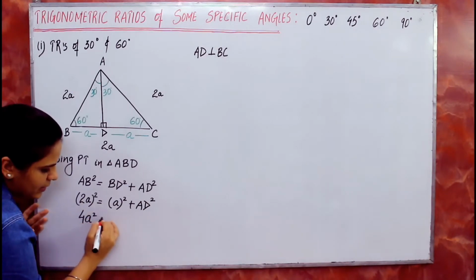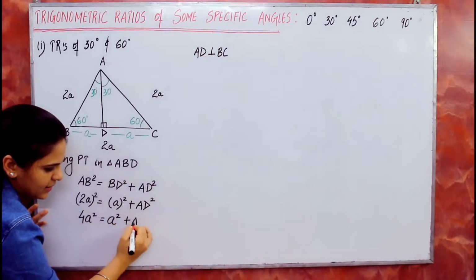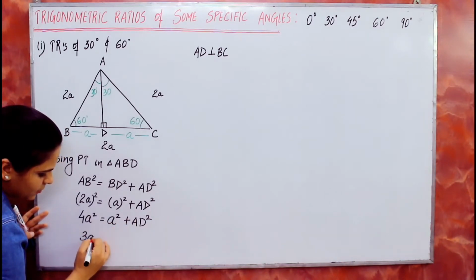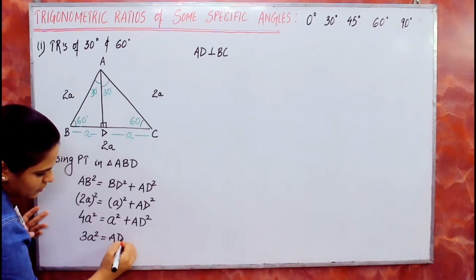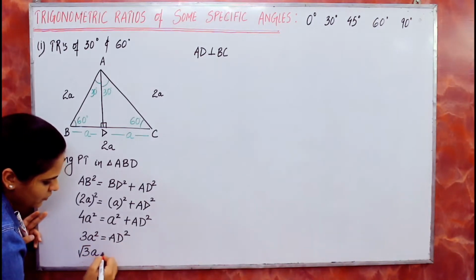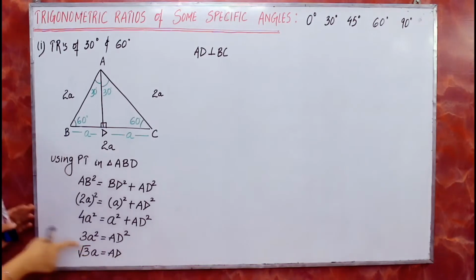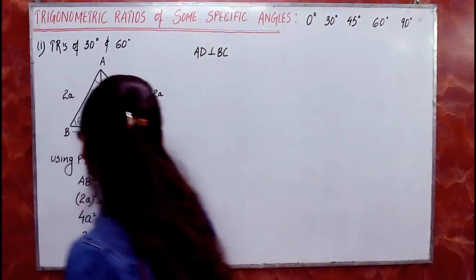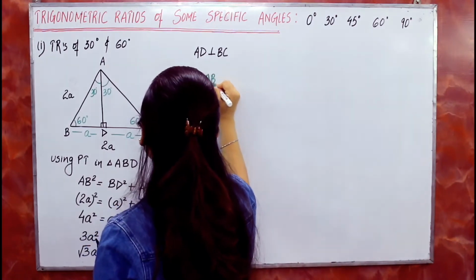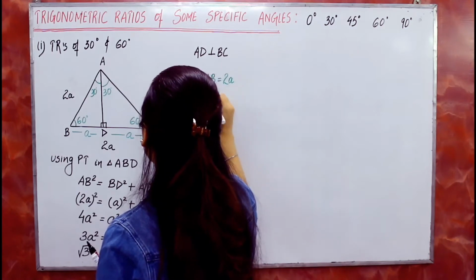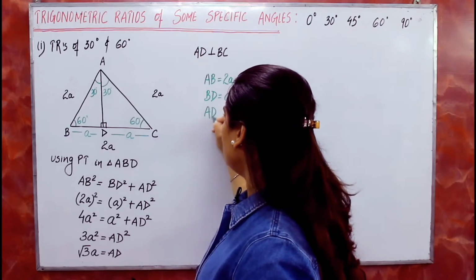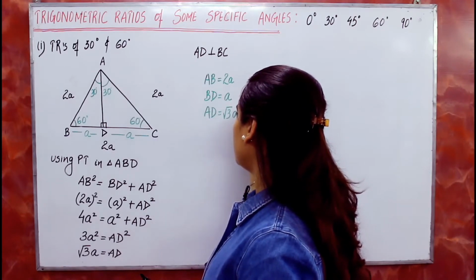So 4a squared equals a squared plus AD squared. When you shift a squared to this side, this becomes 3a squared equals AD squared. By taking the square root on both sides, you get root 3 a equals AD. So that's our perpendicular, which is equal to root 3 a. Now we have AB equal to 2a, BD equal to a, and AD equal to root 3 a.